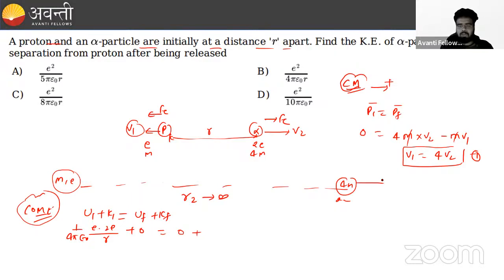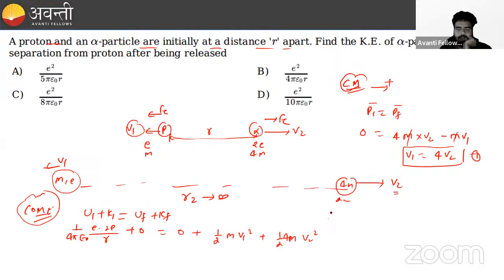Say the velocity of the alpha particle is v2 and the velocity of the proton is v1. So what are the kinetic and potential energies? The kinetic energy of the proton is half m v1 square, and for the alpha particle it is half v2 square with mass 4m.